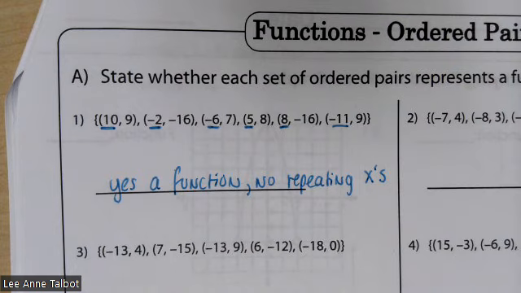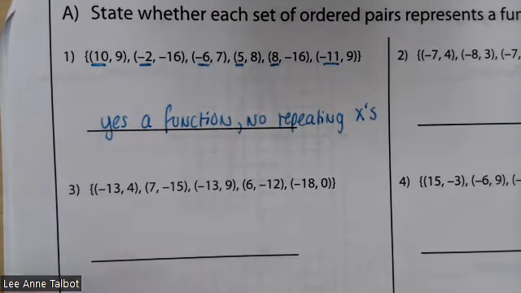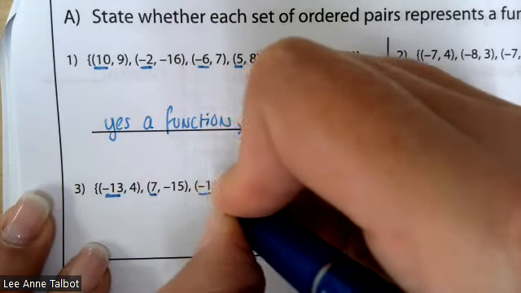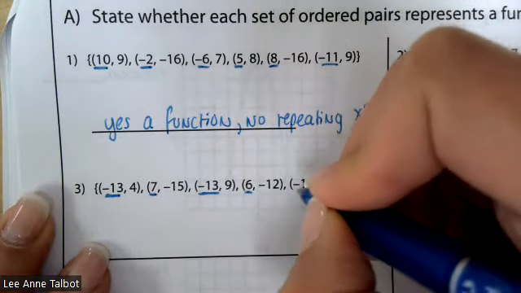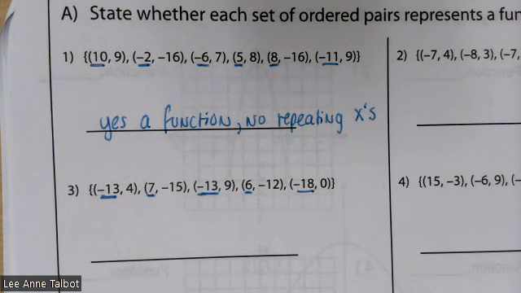Okay, now move down to number 3. I know that number 3 is out of order. Look at the x's. Do any of them repeat? Yes. Okay, and then you ask yourself, do they have different y's? Yeah.